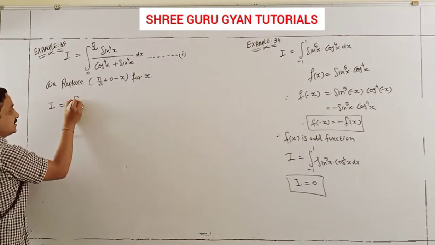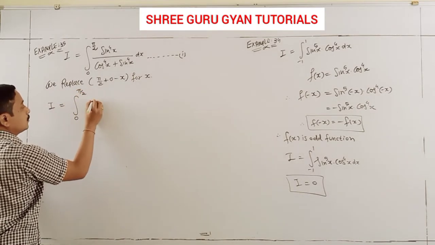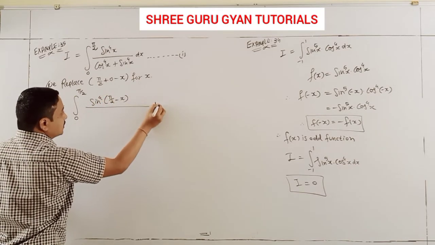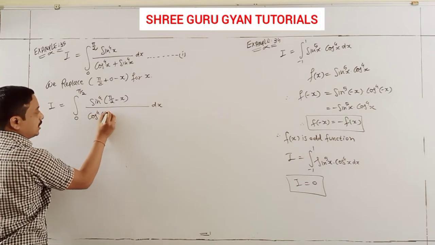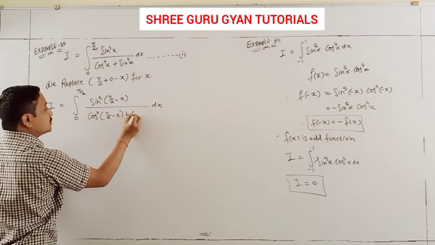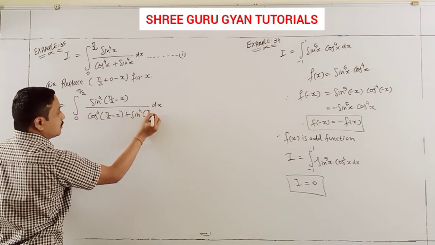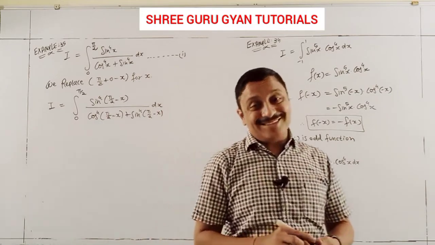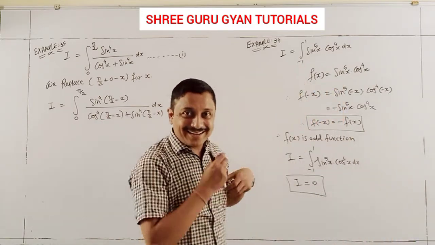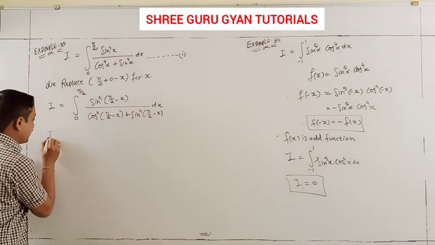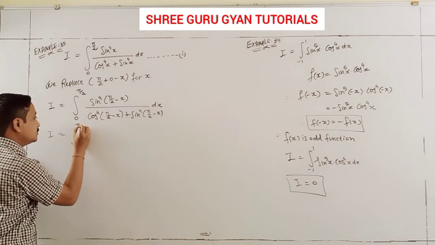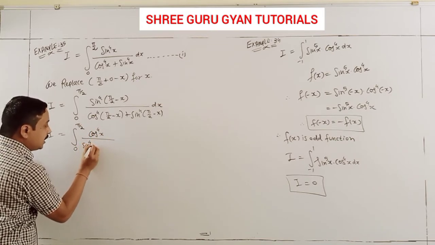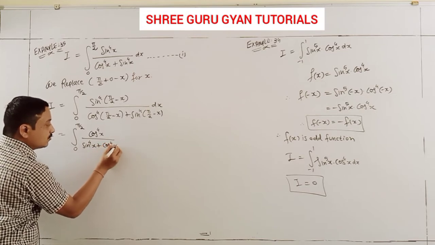So your I is 0 to pi by 2 sin raised to 4 of 90 minus x, and here also the same 90 minus x. Students, 90 minus x means sine converts into cos and cos into sine. So you get a new I, 0 to pi by 2 cos to the power 4, over sine to the power 4 plus cos to the power 4.